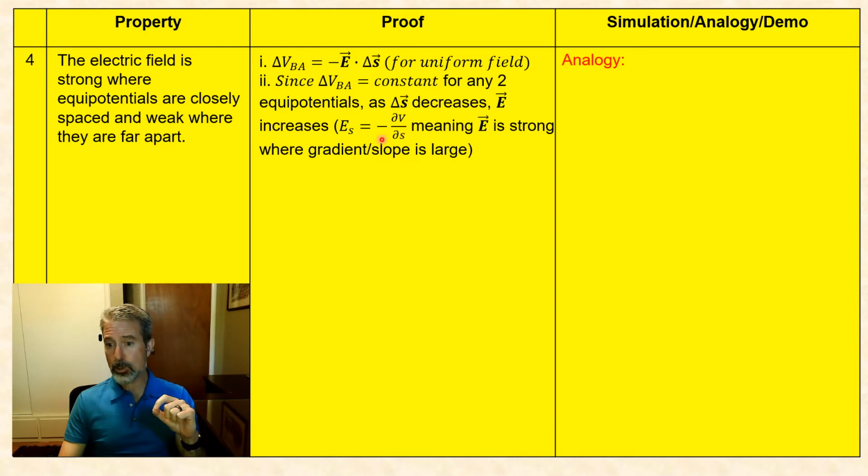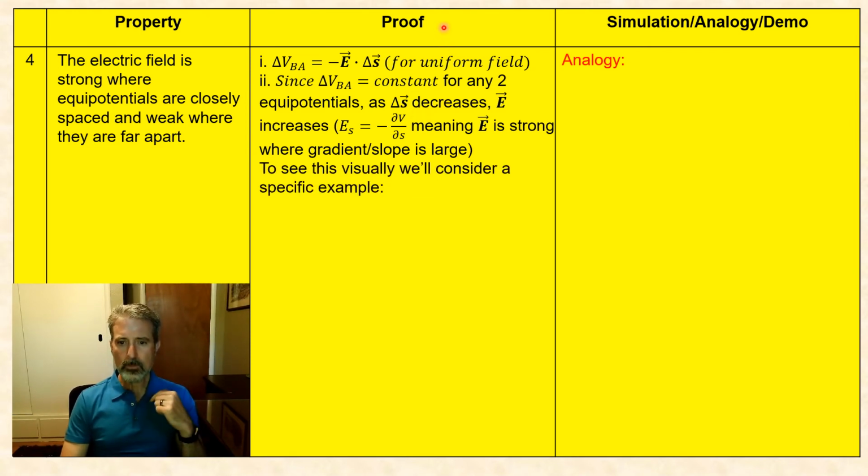You can think of this as a slope, meaning that in a region where the gradient or the slope is large, where the potential changes quickly with distance, that would suggest a region where the electric field is large. And again, we'll get to this. We'll see the analogy with a contour map shortly.